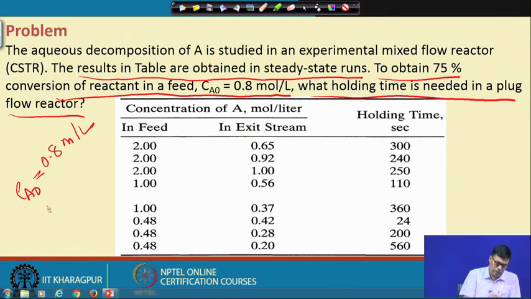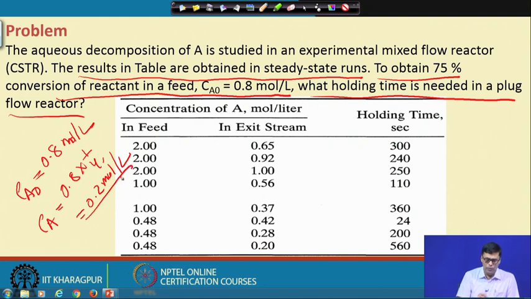That is 1/4, am I right? So Ca will be 0.8 into 1/4, that is 0.2 mole per liter. So we shall have to find out tau for the plug flow reactor.